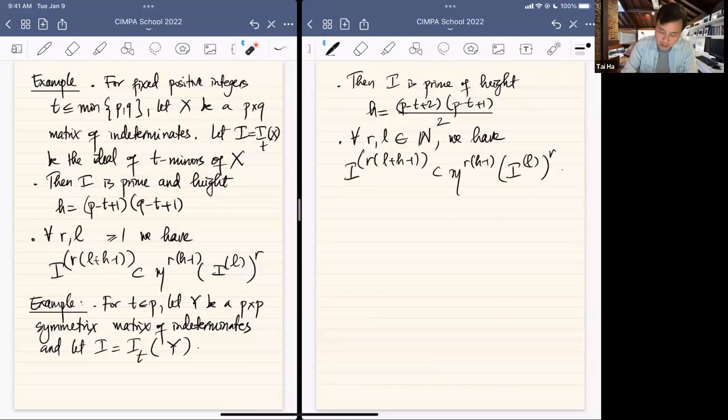So one can also prove the same results for ideals of Pfaffians of a skew symmetric matrix instead of symmetric matrix of indeterminates. And you get the same kind of containments. One can also talk about the ideals of star configurations, and you will get the same containments.